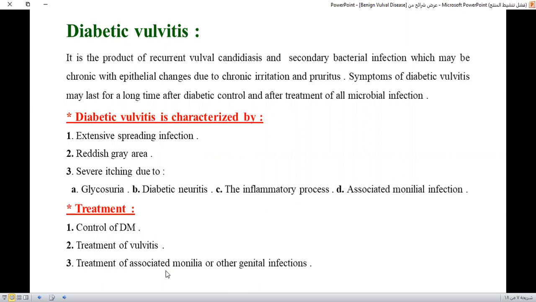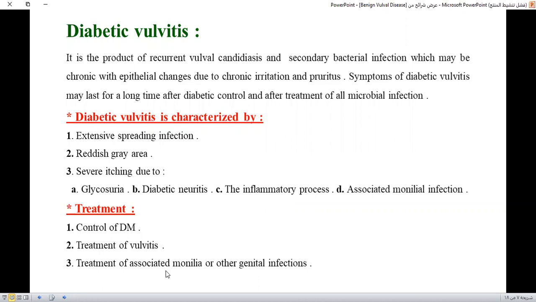Pruritus vulvae may be associated with vaginal discharge and maybe without vaginal discharge. True. Vulval dystrophies is a local cause for vulval candidiasis.